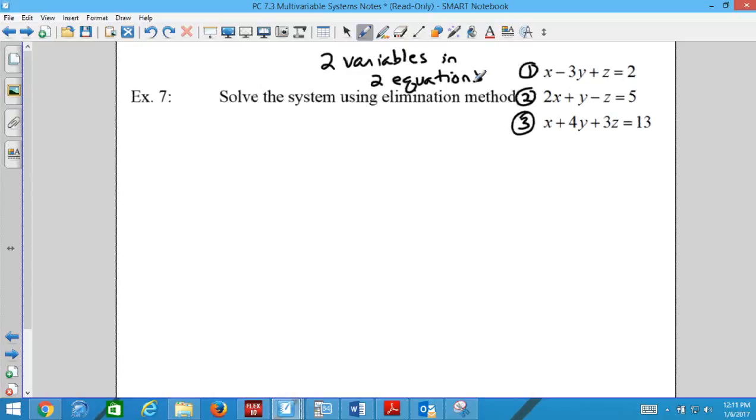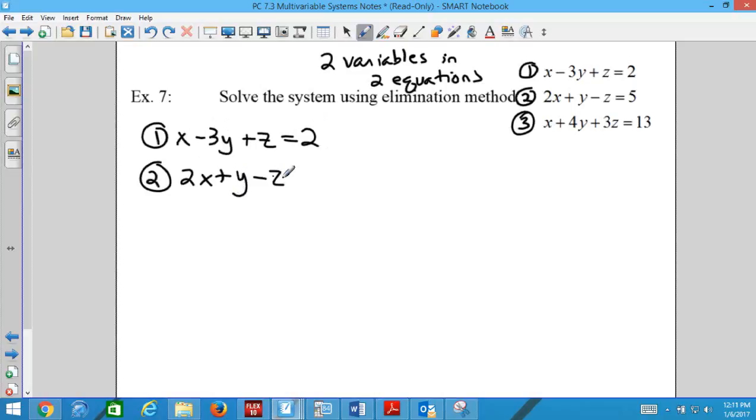So we're going to pick 2 equations and do elimination to get rid of one of the variables. Look at equation 1, 2, and 3. Which 2 equations could we add together and maybe eliminate one of the variables right away? 1 and 2. So let's write equation 1: x minus 3y plus z equals 2. And equation 2: 2x plus y minus z equals 5.